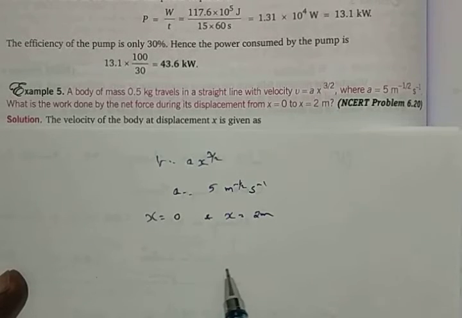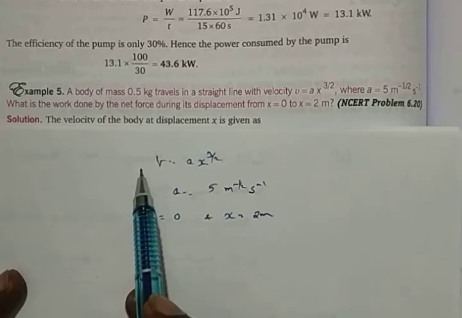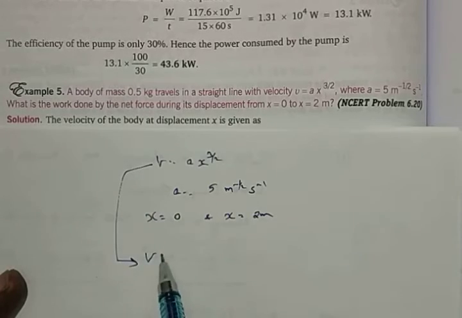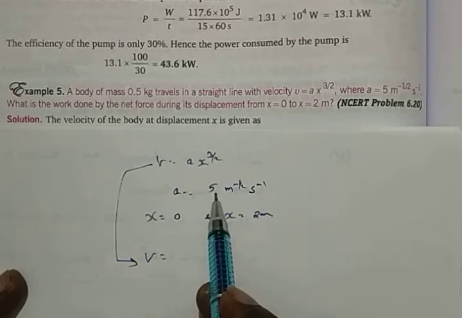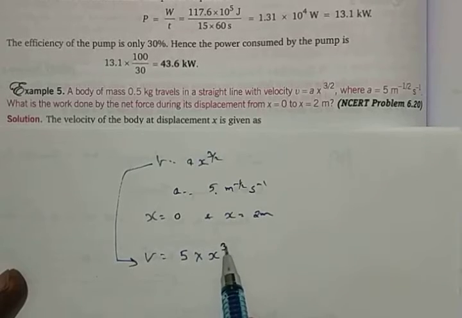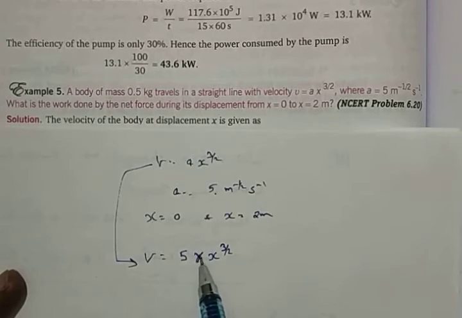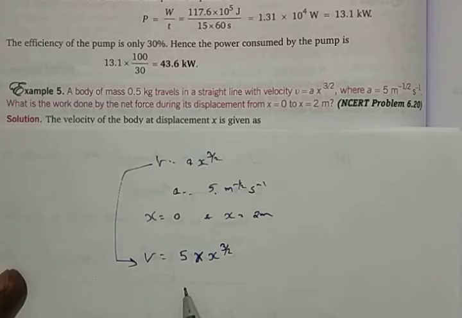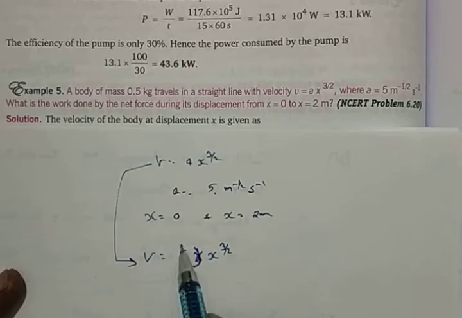The first thing that we have to do is find out the velocity v. V is equal to a, which is 5, so put the 5 here: 5 into x to the power of 3 by 2, right? It is a multiplication, or otherwise you can just put a bracket, 5 into this much.